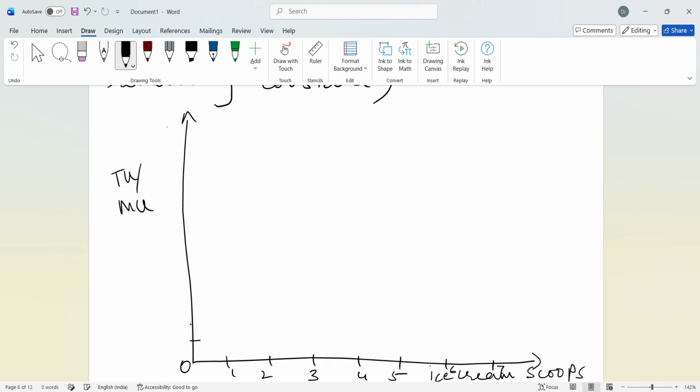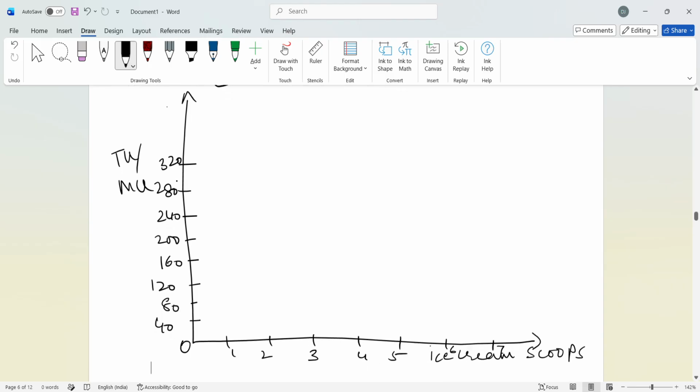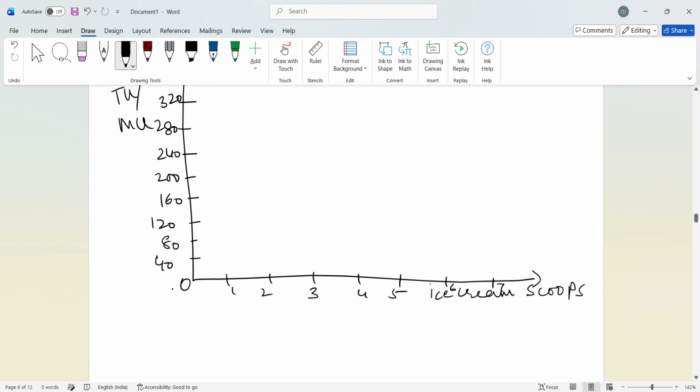So I have 40, 80, 120, 160, 200, 240, 280, and 320. And also I have a negative number, let's say, minus 20.